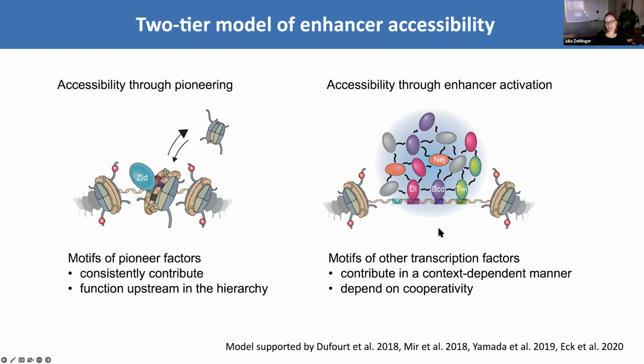Now, in contrast, for these patterning transcription factors, it really depends on the context whether they contribute to accessibility. They do depend on cooperativity with the other motifs. I showed you here this hub model, the condensate model, not because it's fashionable, but because in this case we had very strong data from imaging to suggest that these transcription factors do indeed form hubs that are dependent on Zelda.